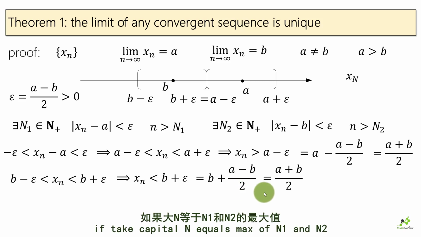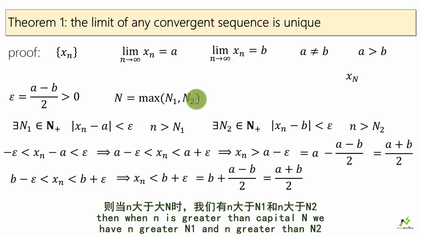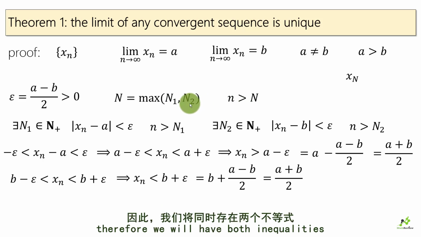If we take capital N equal to the max of N1 and N2, then when n is greater than capital N, we have n greater than capital N1 and n greater than capital N2.